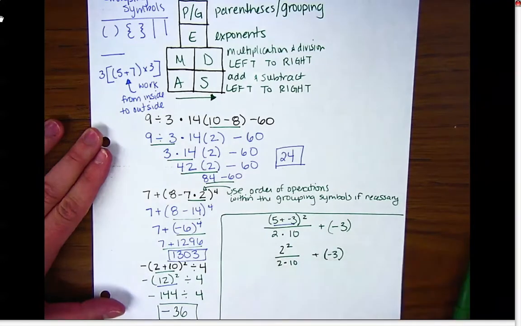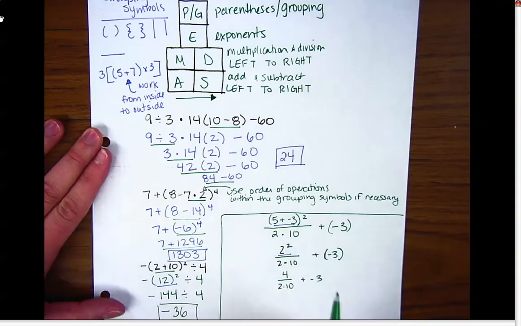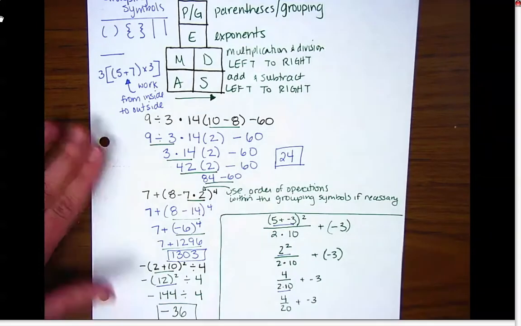Now I'm going to simplify 2 squared, and that gives me 4. So now I have 4 over 2 times 10 plus negative 3. Now I'm going to simplify the bottom, and that's going to give me 20. So now I have 4 over 20 plus negative 3.